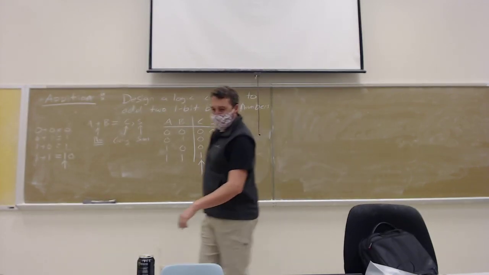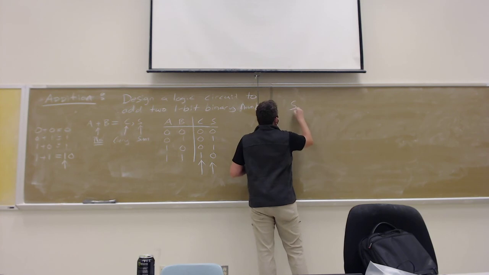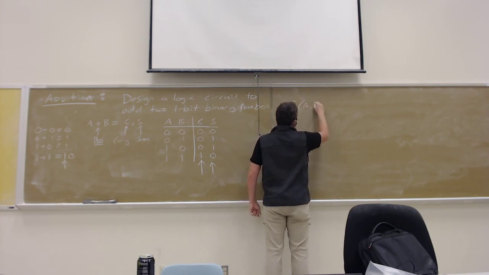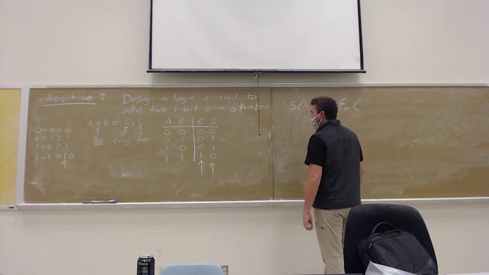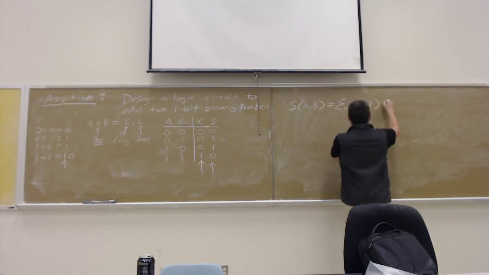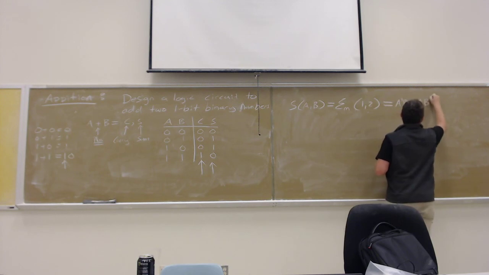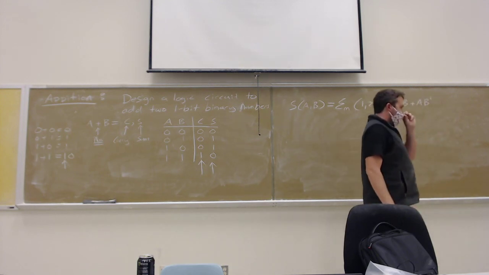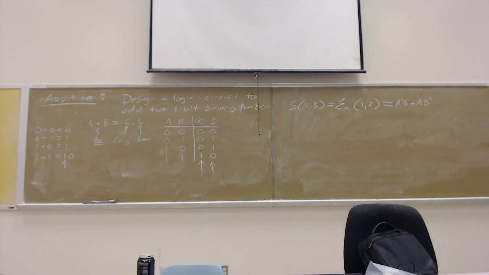Let's look at S. So we say that S is a function of A, B, and it's equal to the sum of minterms 1 and 2, which is going to be A prime and B, or A and B prime. Can we simplify it using our regular Boolean algebra? No, we can't, right? It's already fully simplified.